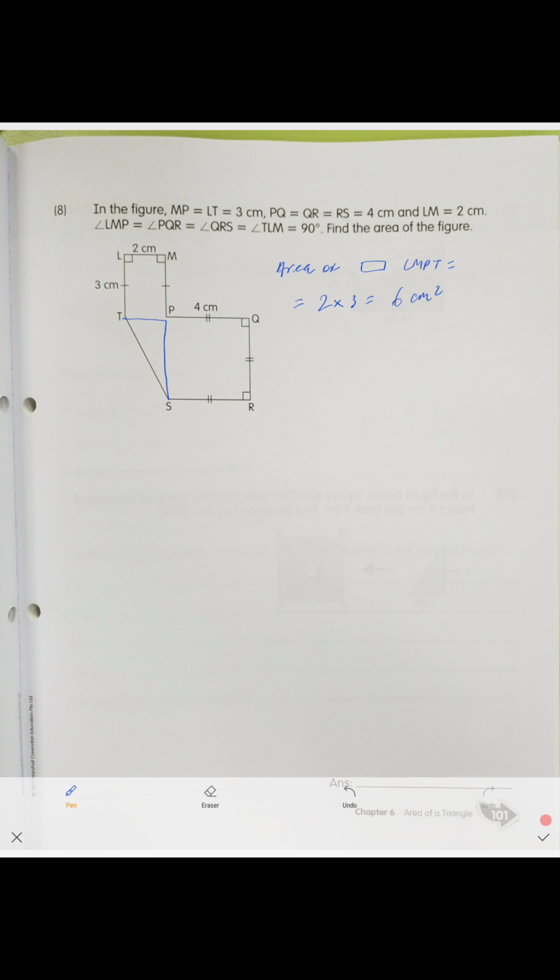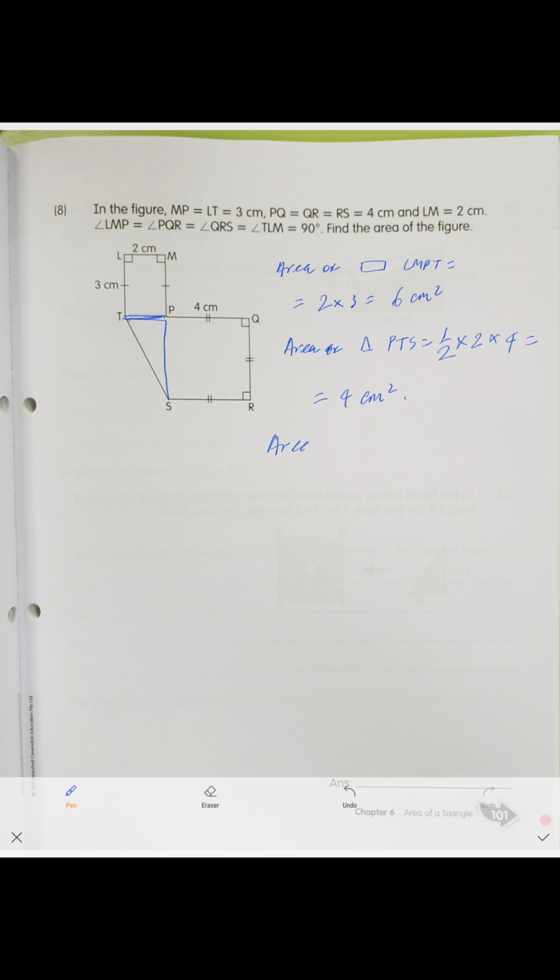Now, this triangle PTS, right? So the area of triangle PTS is equal to what? Well, half. We know that this is 2. We know that this is one side of this square, so it makes it 4, right? Times 2 times 4 is equal to 4 square centimeters, right?